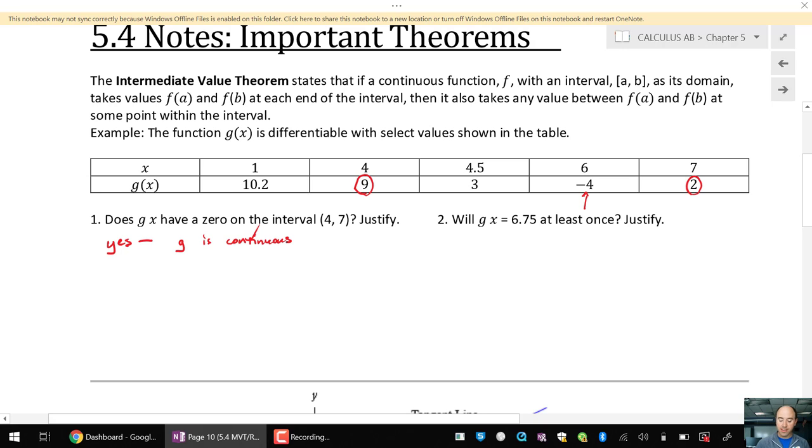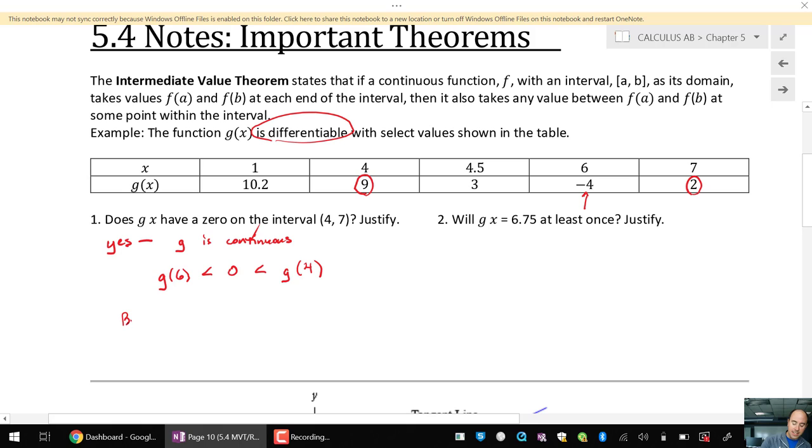By the way, how do we know g is continuous? The function g is differentiable, and differentiability implies continuity. So I can say that g is in fact continuous. And then I can say that g of 6 is less than 0. 0 is the element in question, and that is less than g of 4. So I'm using the interval from 4 to 6, which is within the overall interval of 4 to 7.